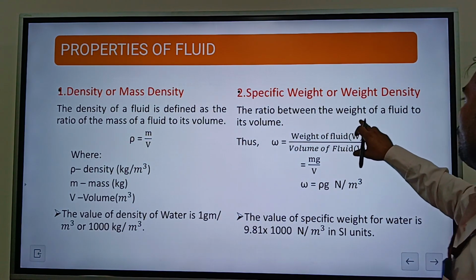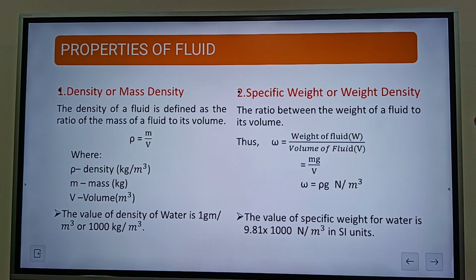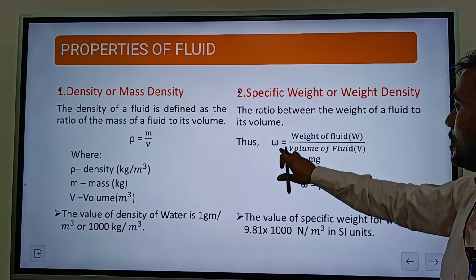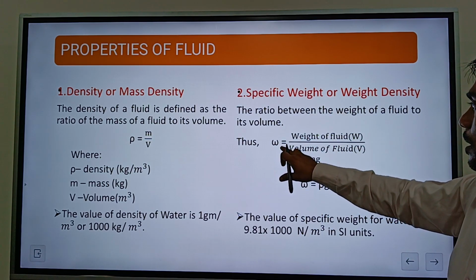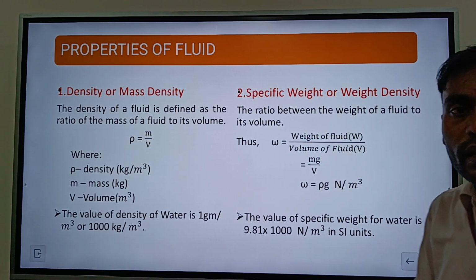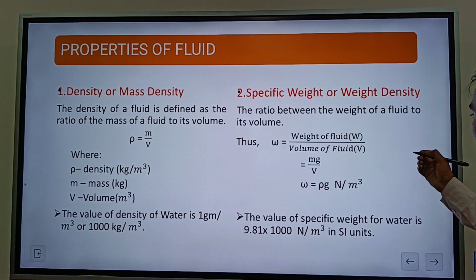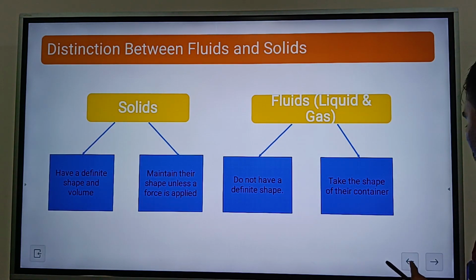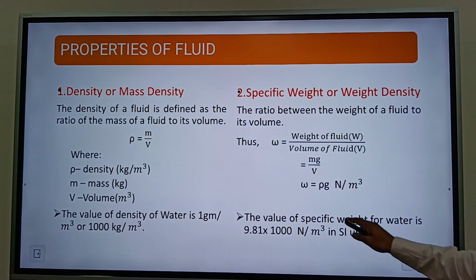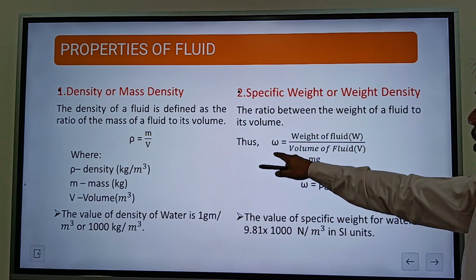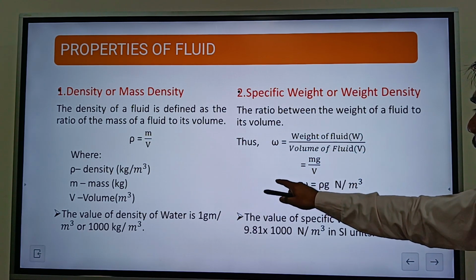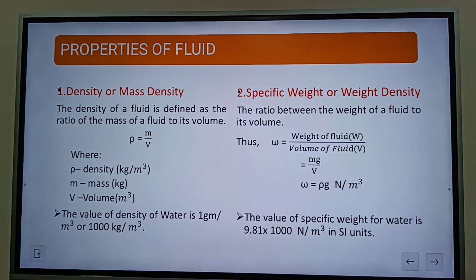Specific weight is the ratio between the weight of the fluid and its volume, and it is represented by omega. In some books it is also represented by gamma, but here it is represented by omega, where omega is the weight of fluid divided by the volume of fluid.